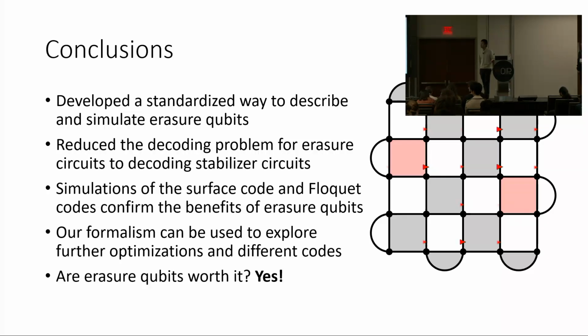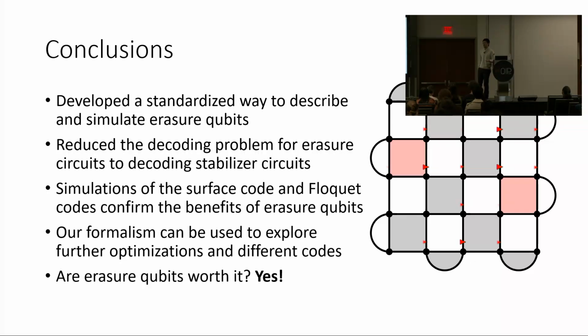Thanks for the nice talk. I have a very elementary question. Can you explain the definition of erasure error? Does that mean that the qubit is simply dropped out and you get it totally traced out? Yeah, that's one way to interpret it.